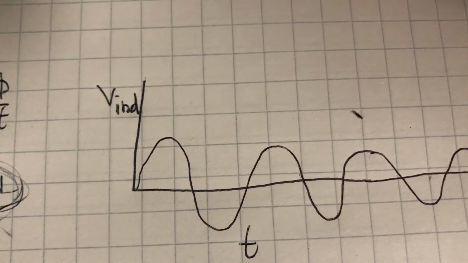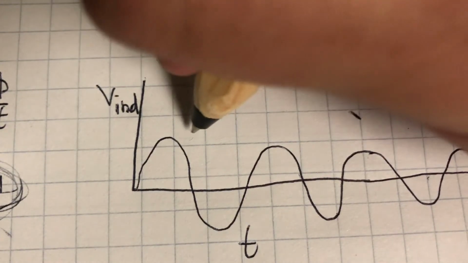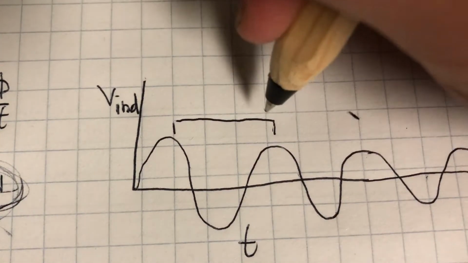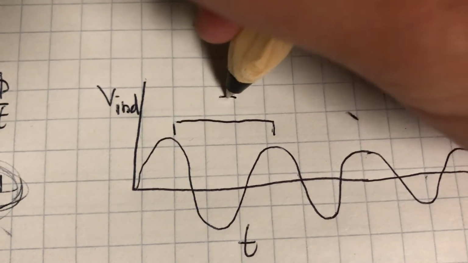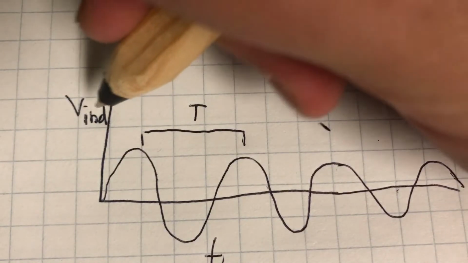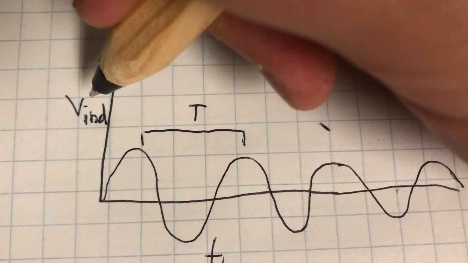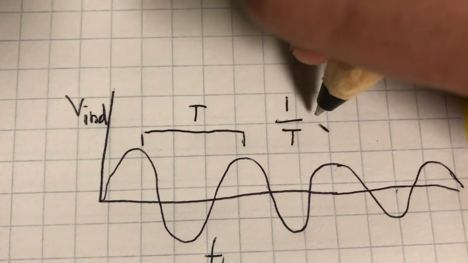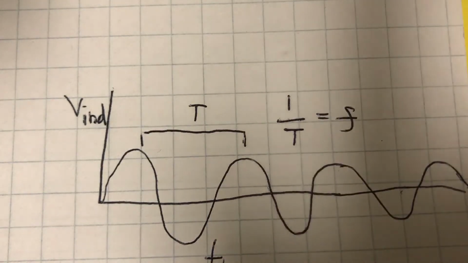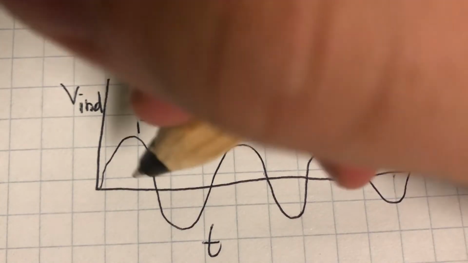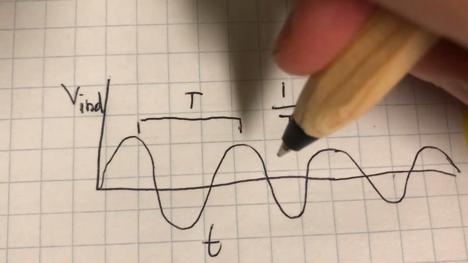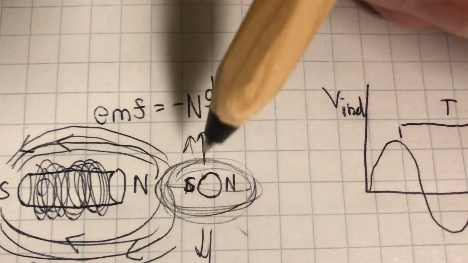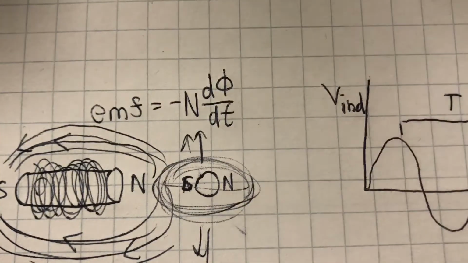And what's really interesting here is that, let's say this is a period, an oscillation period, T. We know that the frequency of the voltage induced is going to be 1 over T, which is equal to f. And what's really cool here is that the frequency of the voltage is going to be exactly the same as the frequency at which the string is bouncing up and down, which is quite fascinating, I would say.